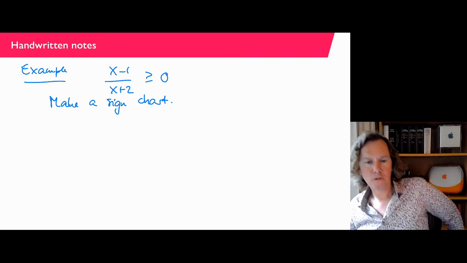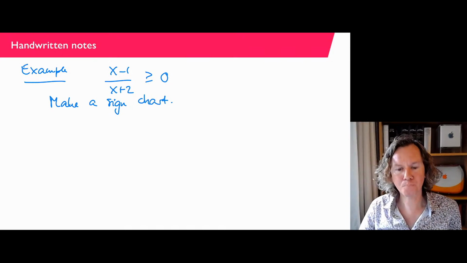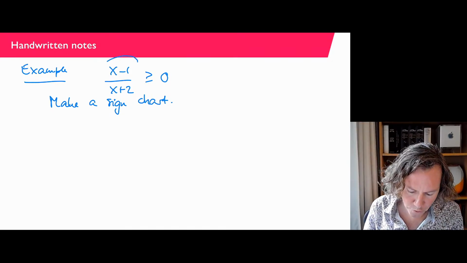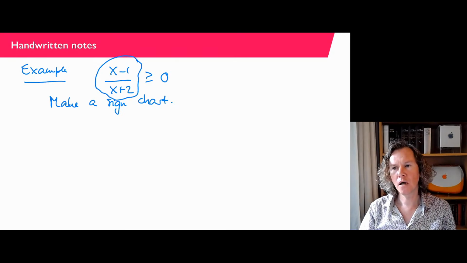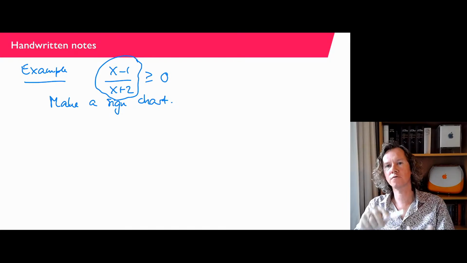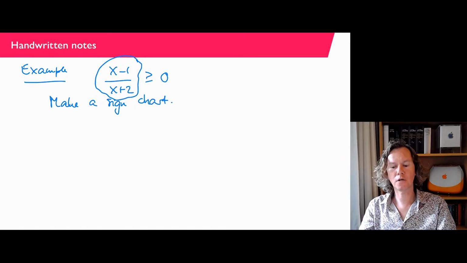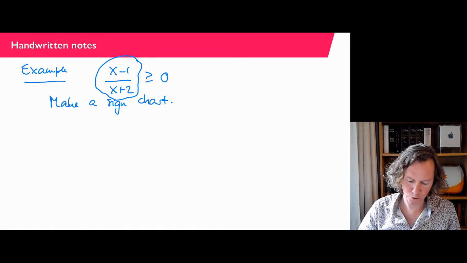A sign chart means that I'm going to look at what is on the left hand side here, this thing here, x minus 1 over x plus 2. And I'm going to try and study when this is positive, negative, 0, undefined. So in particular, I'm going to check where the numerator is 0.